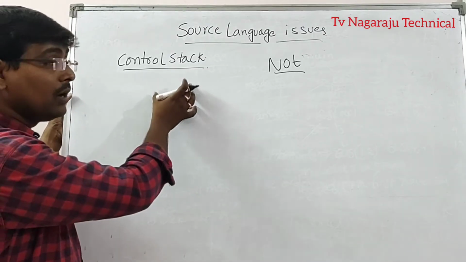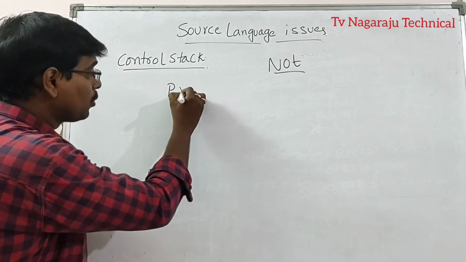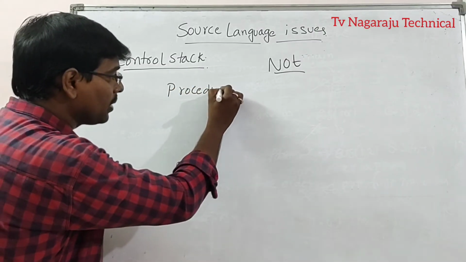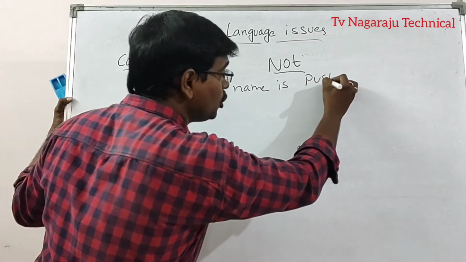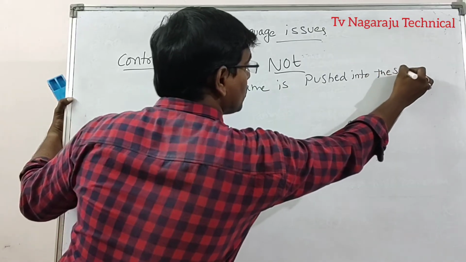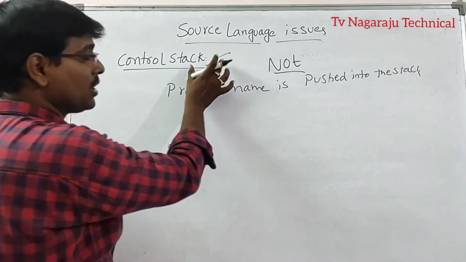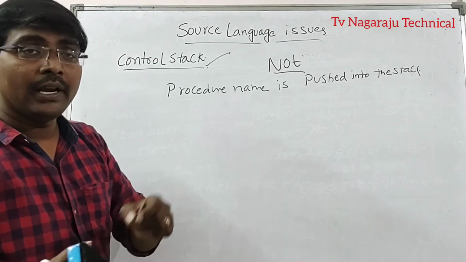Now, whenever a procedure starts its execution, the procedure name is pushed into the stack. So first understand the purpose: to keep track of the procedures whose execution is not completed.